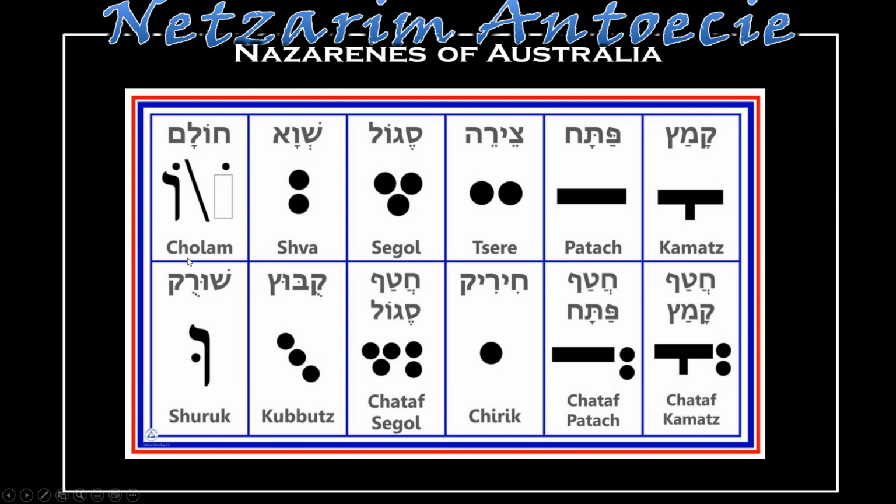Then we have cholam, the O sound, shuruk, like a short U sound, and this is kubutz, a longer U. And then we have a combination of chataf segol, which is a shva followed by segol. Then we have chirik, the I sound, and then chataf patach. After the shva, we have a shorter A sound. And then we have a chataf kamatz, which after the shva is a longer A sound.